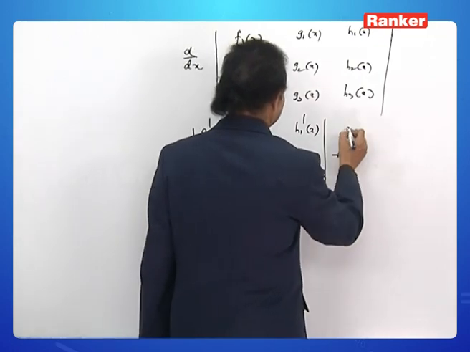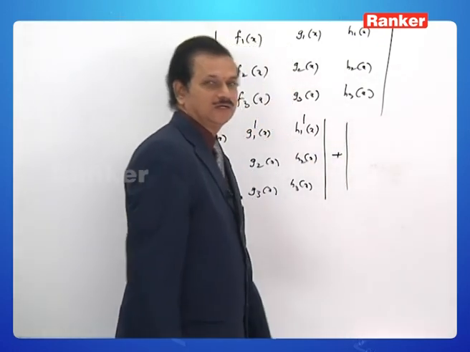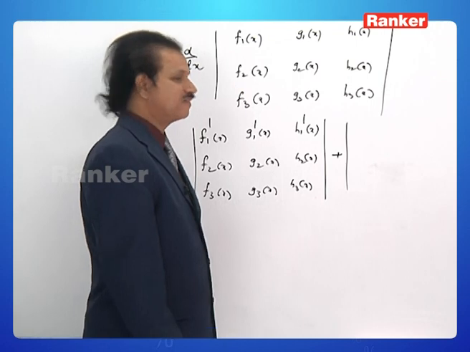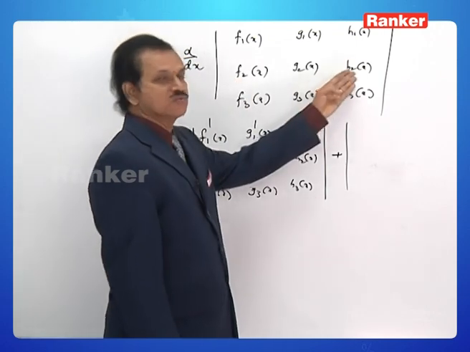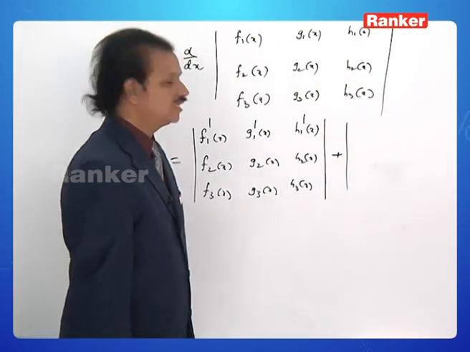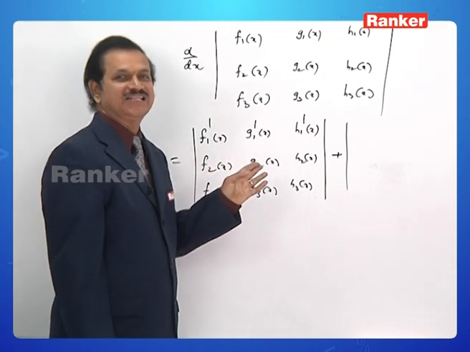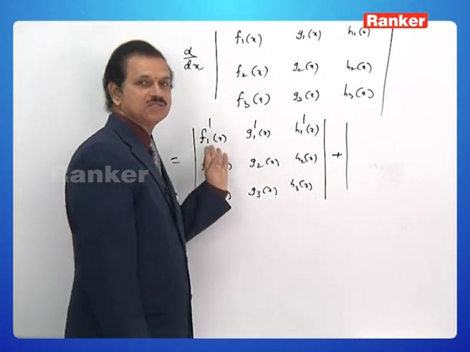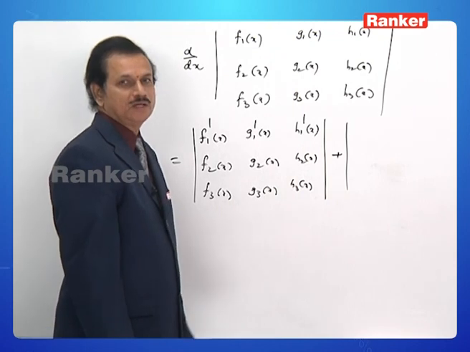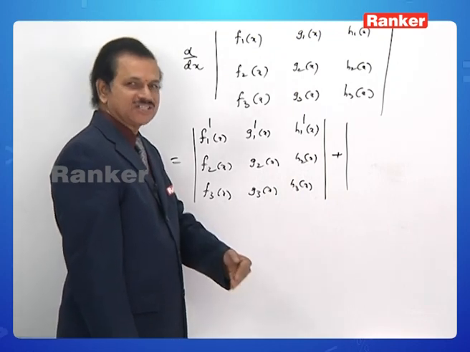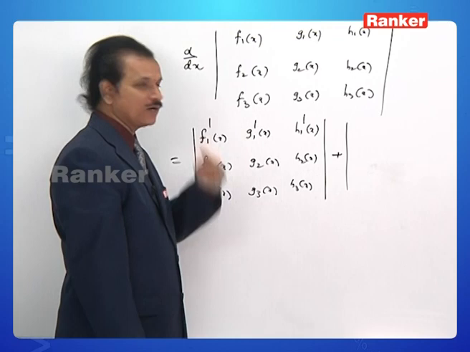Plus, now the process of differentiation must be applied to those functions which lie in the second row, because in the first determinant we have done that procedure for those elements which lie in the first row. Now the turn comes to the second row.